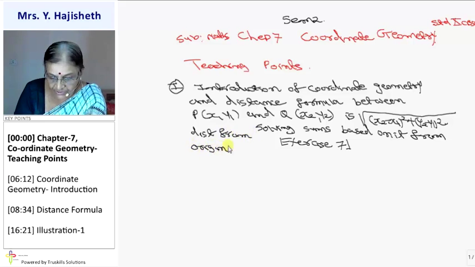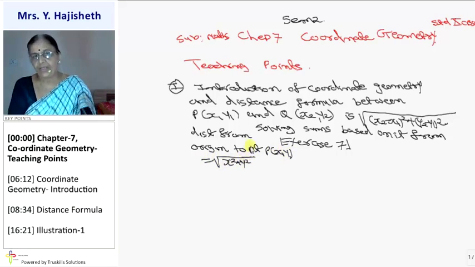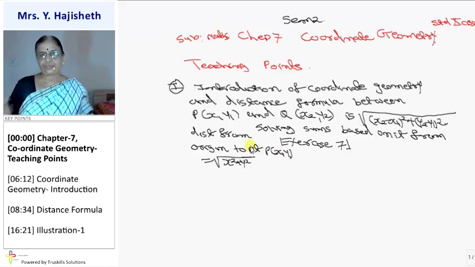Suppose one point is origin and the other is any point P x, y. Then distance is defined as under root x square plus y square, because x2, y2 is x and y, and x1, y1 is 0, 0.